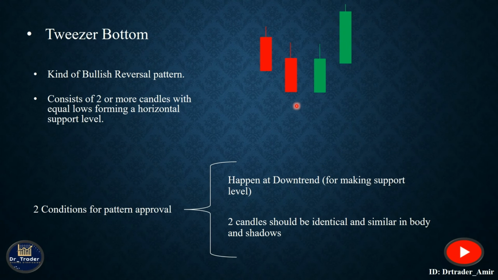And for getting approval from this pattern, there are two conditions. The first one is that this should happen in a downtrend, which will help us make a support level. The other condition is that the two candles should be identical. I mean, their lowest points should be at the same level.